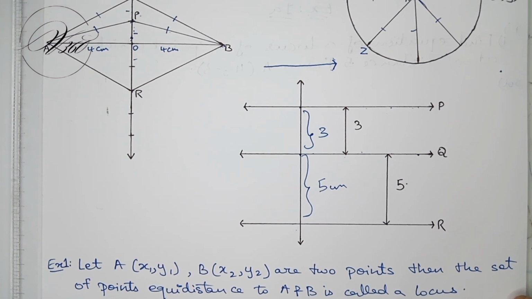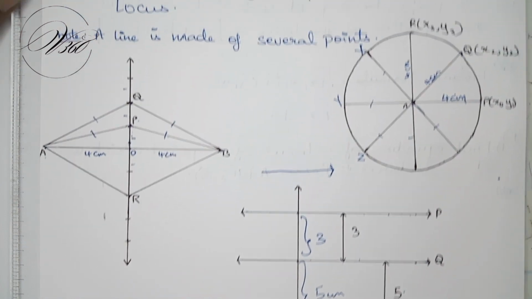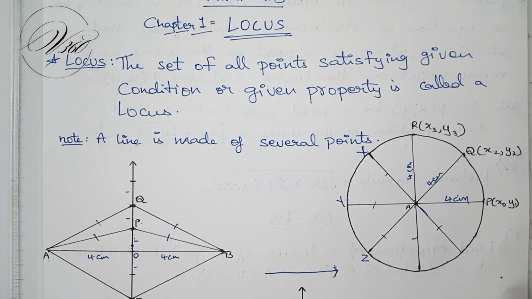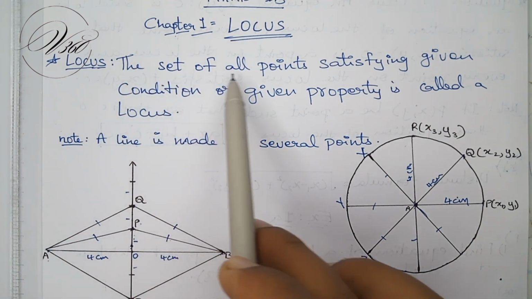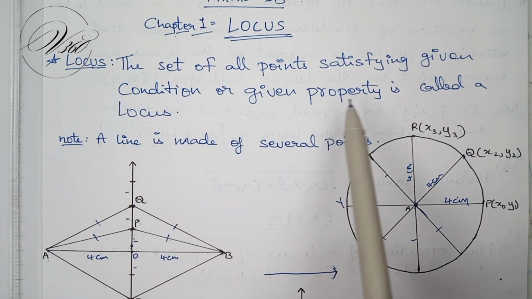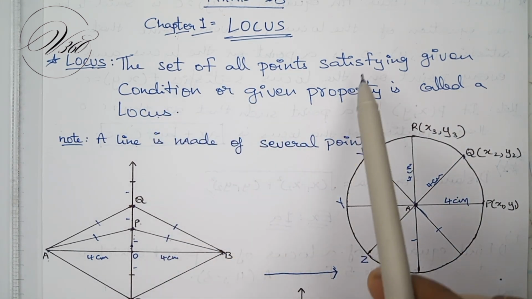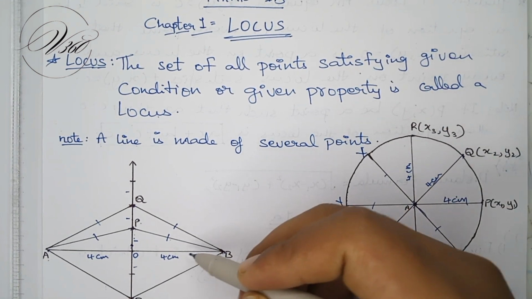Now we will check out the original definition of this, through which you may understand now. Locus, the set of all points satisfying given condition or given property, is called a locus. This satisfies, right. Here we have an example.